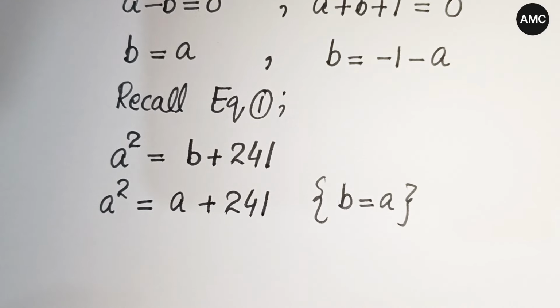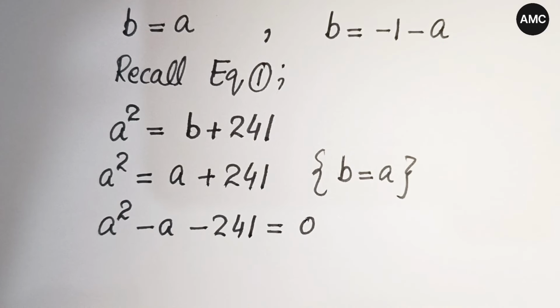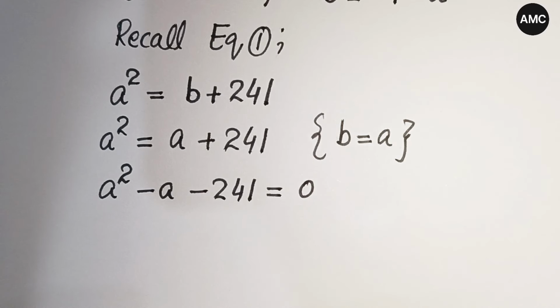Now shifting these two terms to our left hand side, we will get a squared minus a minus 241 is equal to 0. Now it is a nice quadratic equation. We can solve it by using the quadratic formula. So for this purpose, here we have the coefficient of a squared.